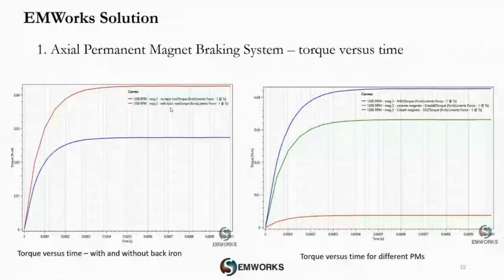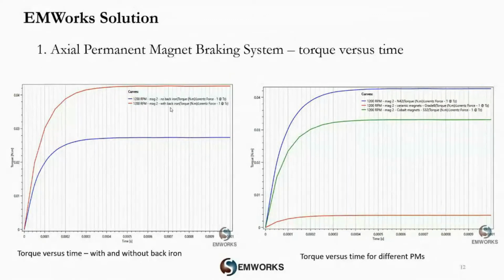So you get more torque, but it's heavier, and you have to spend more money to buy the iron. So this plot shows you the effect of the back iron. You get higher torque, definitely, as a function of time, as you see here.